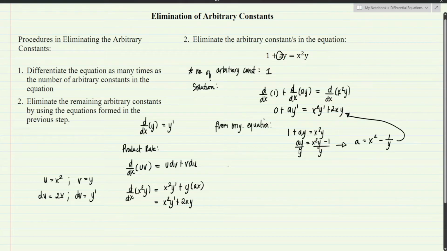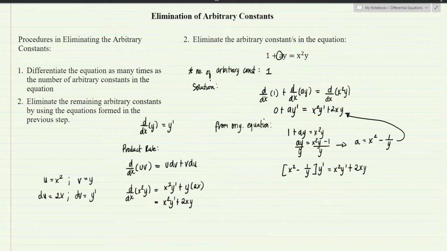So if I do that, I will have here x squared minus 1 over y multiplied by y prime equals x squared y prime plus 2xy. Okay?